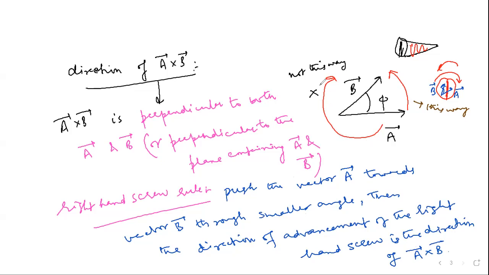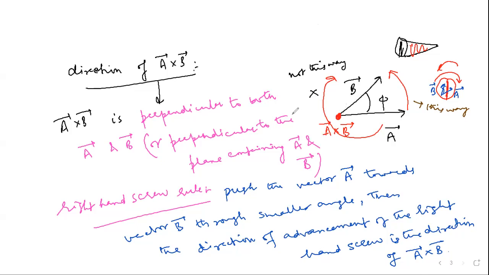So my A cross B is out of the board. That we indicate, let me use this color, by a dot. A dot indicates the tip of the A cross B vector. So A cross B vector here is pointing out of the board.